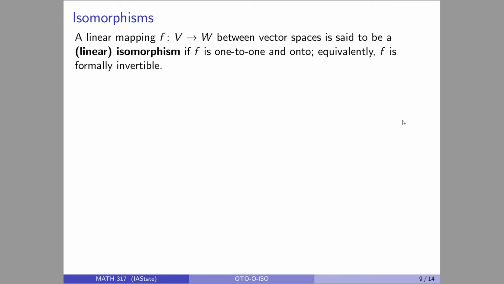It's saying that as sets, V and W are the same, because there's a bijection, so everything in V lines up with exactly one thing in W. And since it's linear, the algebraic operations of V carry over to the algebraic operations of W. So, in other words, a linear isomorphism is saying that V and W are basically the same set, even if they are presenting themselves differently. Right? Isomorphism: same morphism, meaning the same object in a sense. And if you haven't encountered the word isomorphism before, here you go.